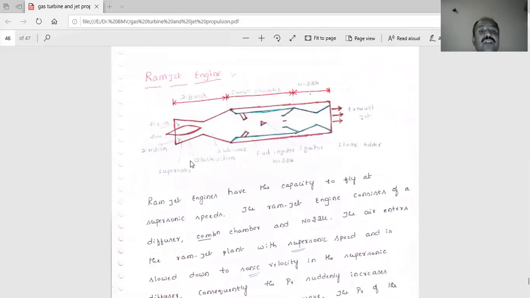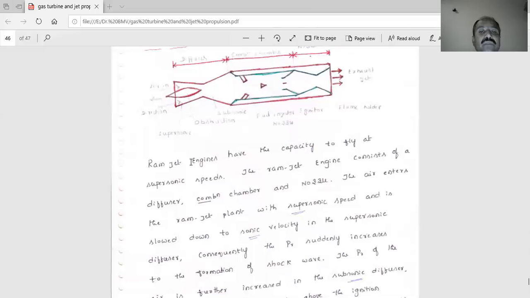That diffuser converts the air entering at supersonic speed to subsonic velocity. Then high pressure air passes to the combustion chamber.